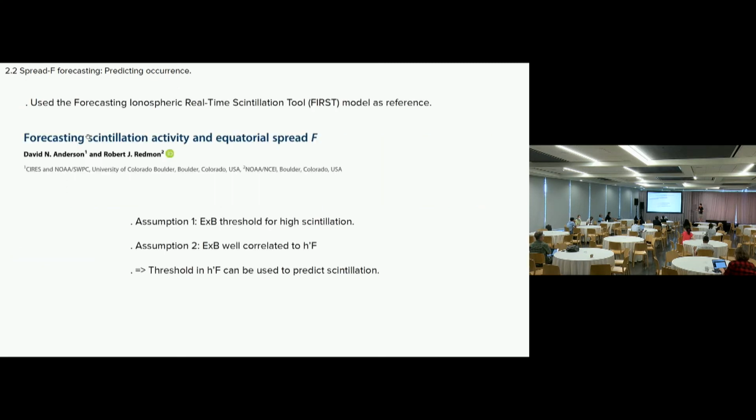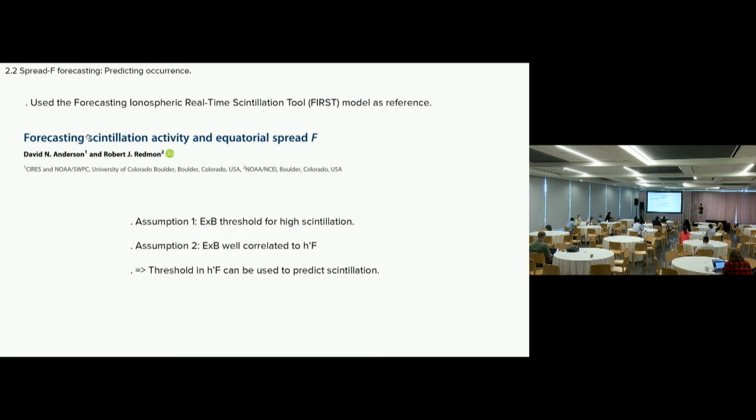So in order to have some reference, like in the case for ionogram predictions, we chose this first model, which works as follows. It's a model for predicting spread F as well. They start from the assumption that there is an electric drift, an E cross B threshold for high scintillations.